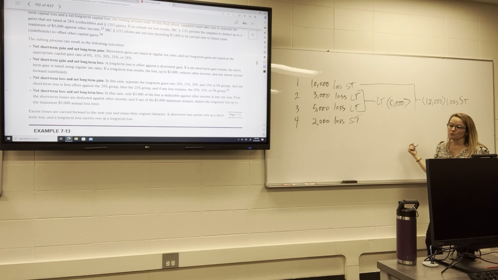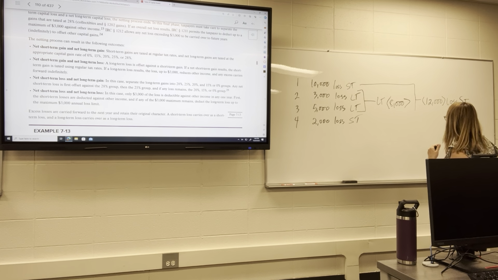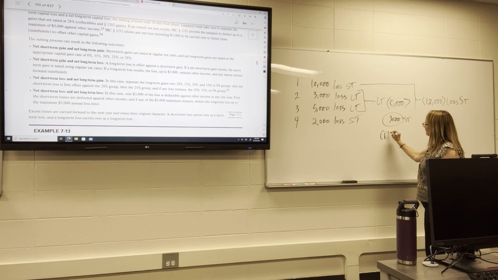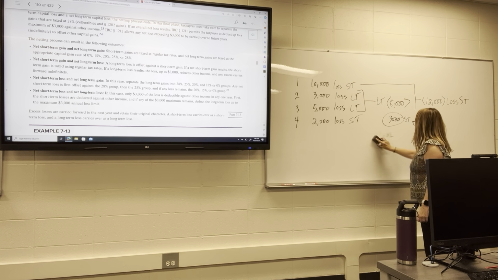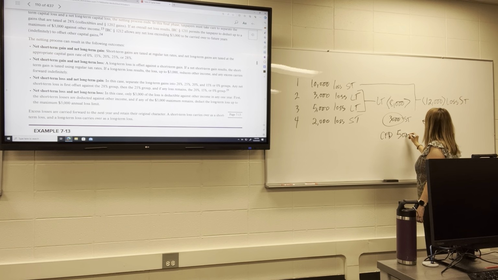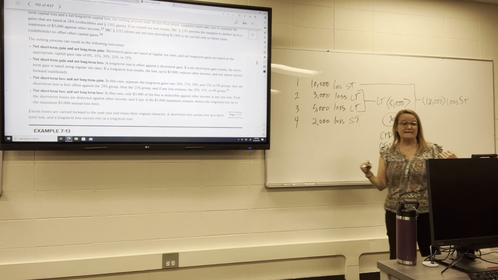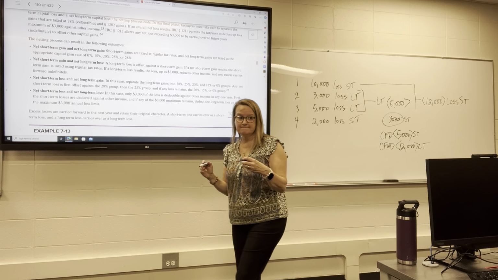Altogether, we have $20,000 in losses. We're going to use $3,000 of the short-term. We're going to carry $9,000 short-term forward, and we're going to carry forward all of the $8,000 long-term. Next year, it's going to retain its character.